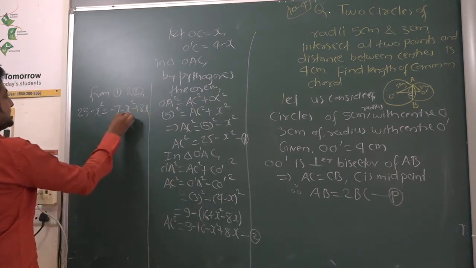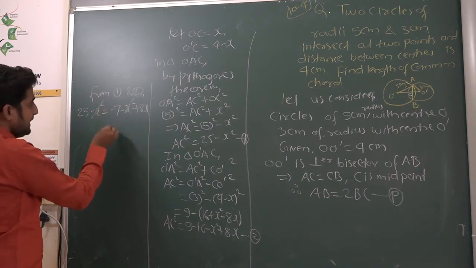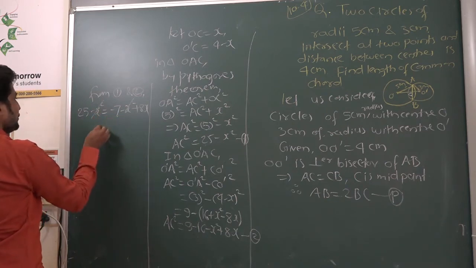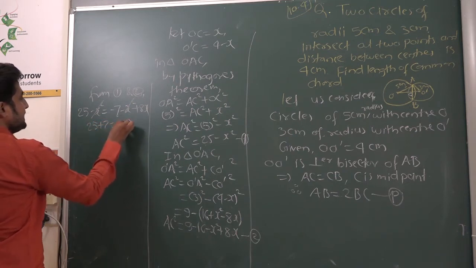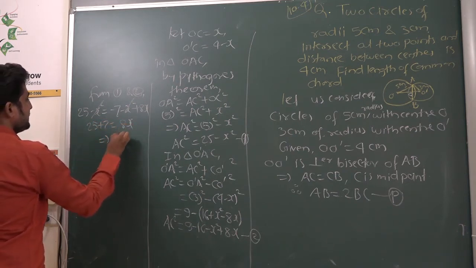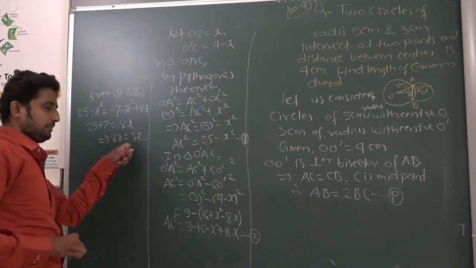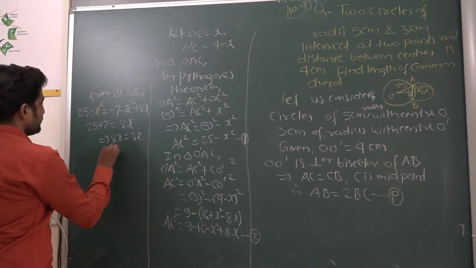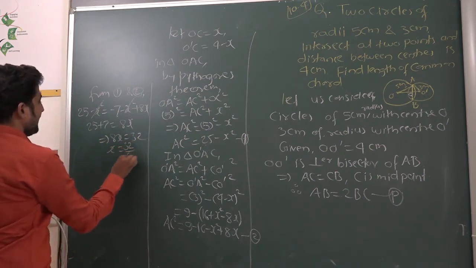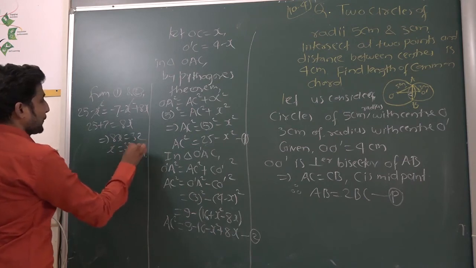So dear students, this x square gets cancelled, right? So if we shift this minus 7 to LHS, that becomes 25 plus 7, it is 8x. It means that 8x equals 32, right? So x is 32 by 8, that is 4.